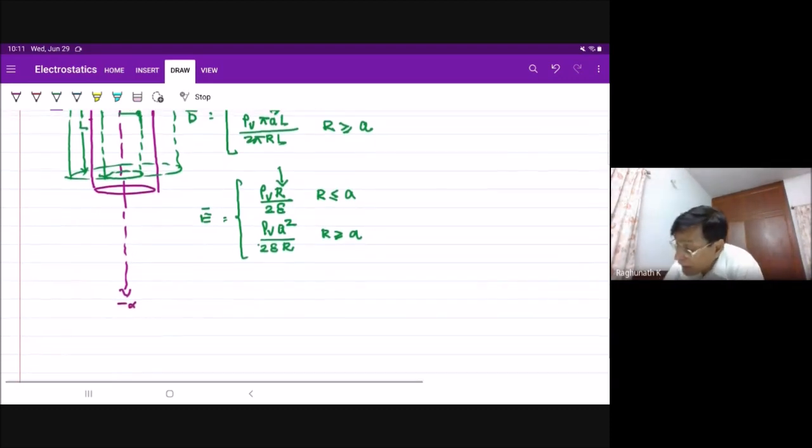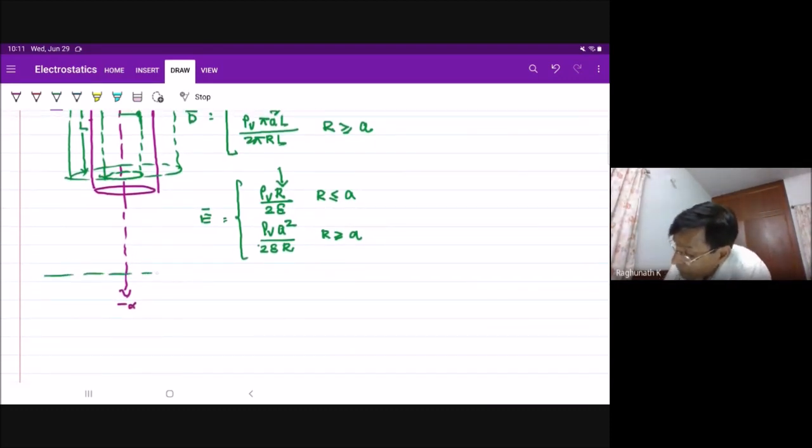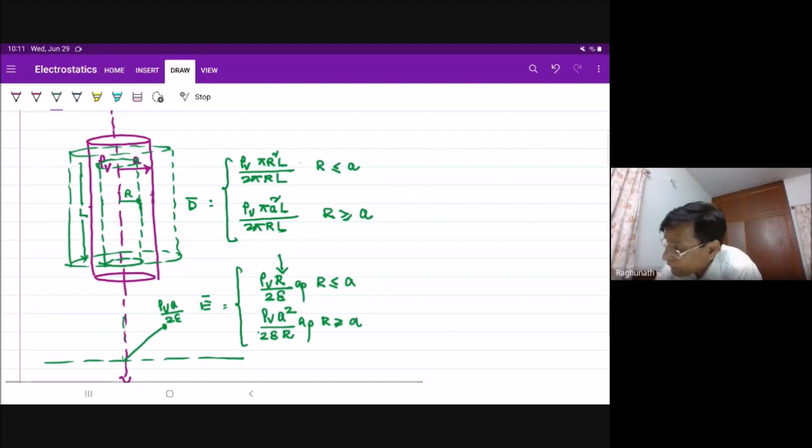If I look at the variation of the field as a function of the distance from the center, here also it increases linearly until the surface and reaches rho v a by 2 epsilon, everywhere in the cylindrical coordinate system.